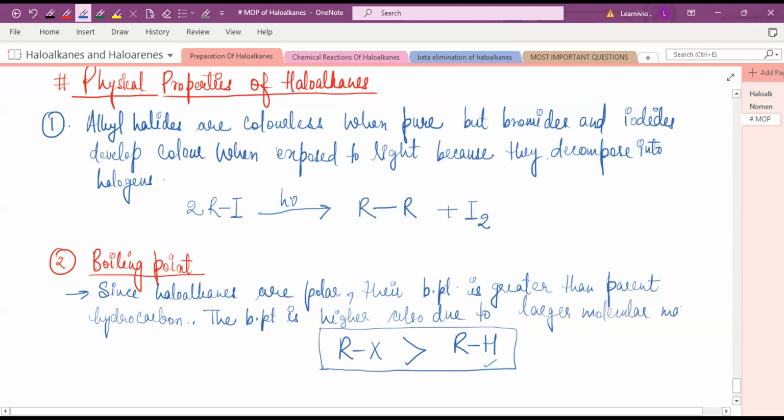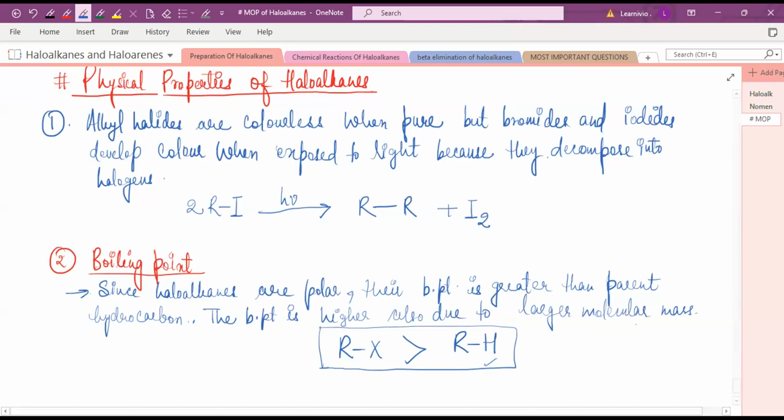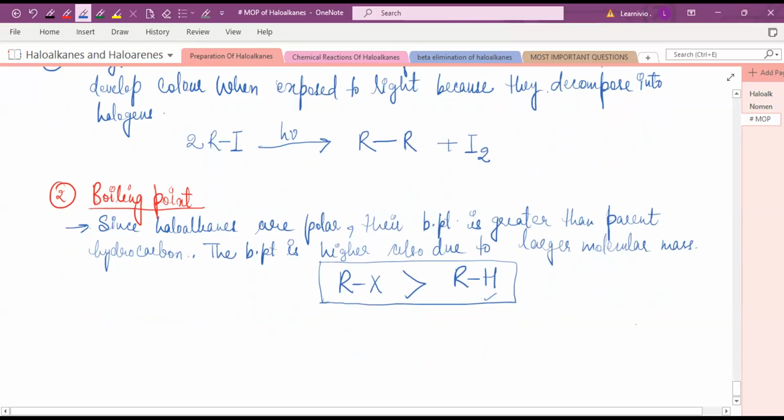The haloalkane has higher molecular mass than your parent hydrocarbon. That's why the boiling point is more.